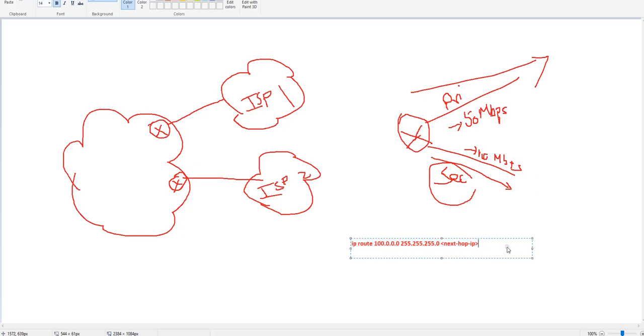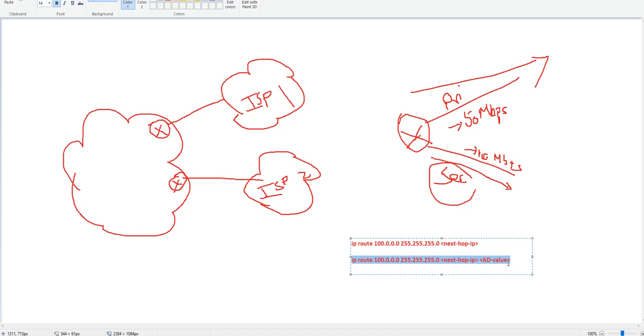But if you tweak this configuration a little after the next hop, if you define some number, this is called the AD value. We can manually assign an AD value greater than the default. Let's say this is the primary configuration and the second line is the secondary link configuration.